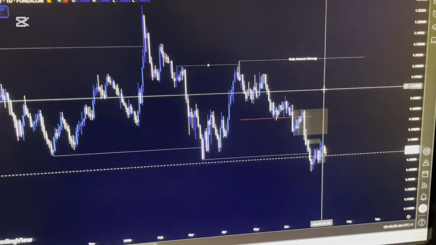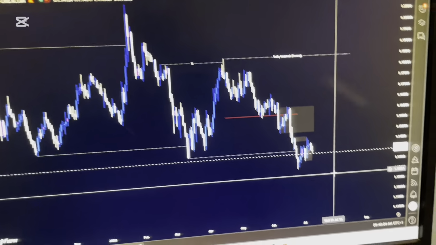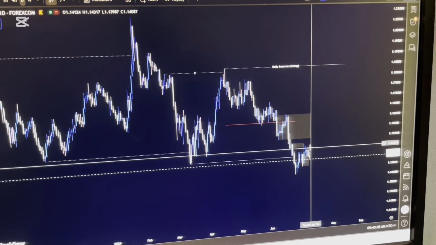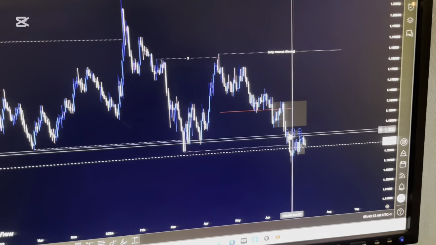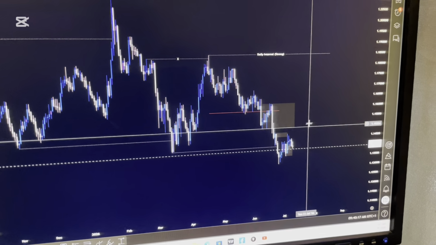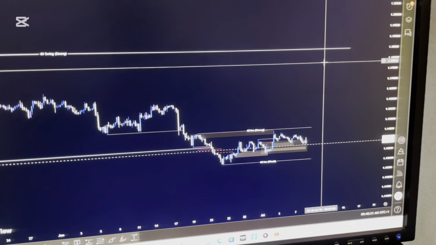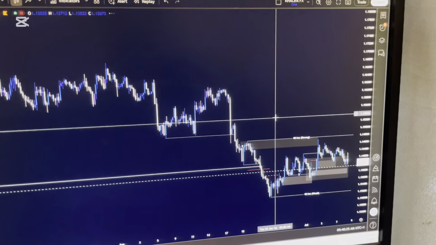So if I come to the daily, you'll see that the daily itself is bearish, right? You can see the bearish trend, but after every break of structure, we're expecting a pullback. So I'm waiting to see if this pullback will commence or not. But for now, there's no sign on the daily time frame that the pullback is about to start, right? But the 4-hour time frame says different, and I'm not going to panic and enter any low probability trade.